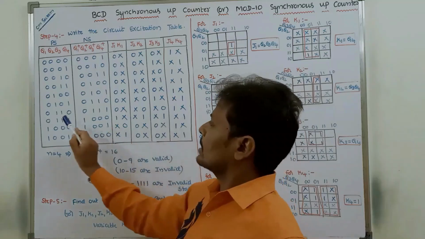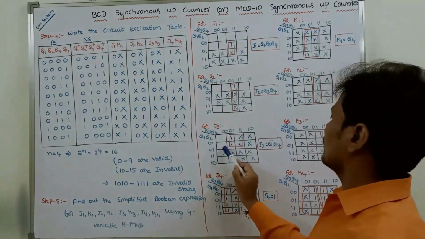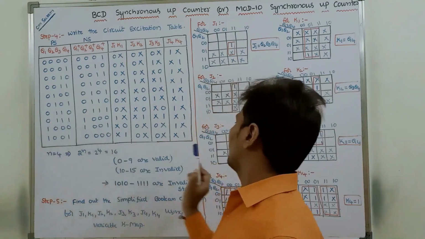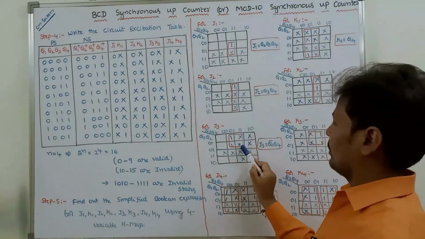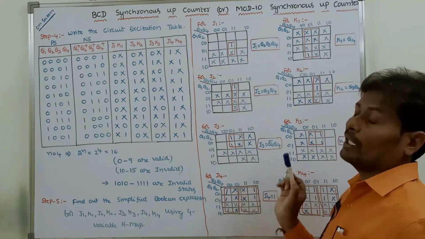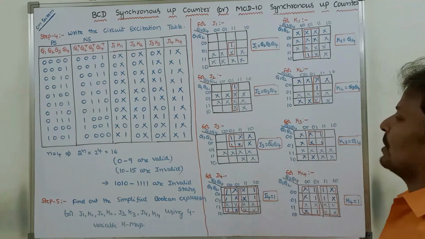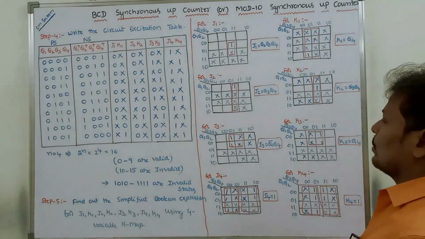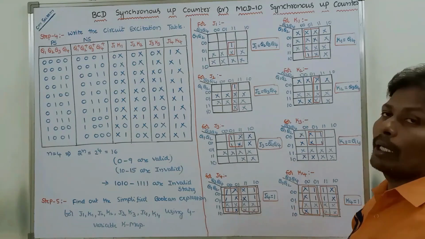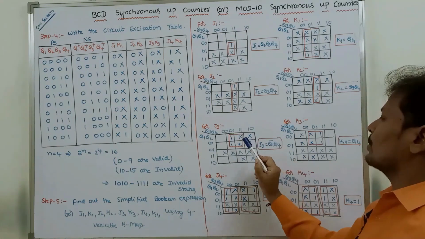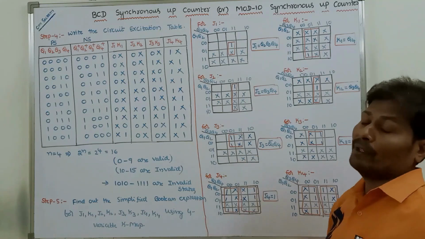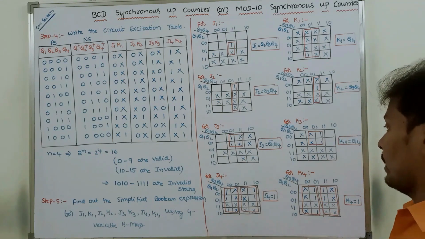Next, here don't care is there, the corresponding input combination is 0, 1, 1, 0. Here don't care is there, the corresponding input combination is 0, 1, 1, 1. And 10, 11, 12, 13, 14, 15 are invalid states. They can be represented with don't cares. So now here don't care is there. But here it is a vacant place, so these 1s and don't cares can be formed with the quad.